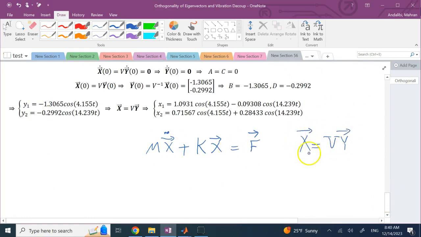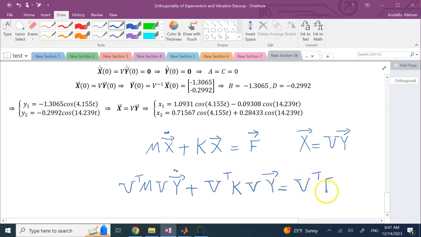And we pre-multiply both sides by V transpose also. So you get V transpose M V y double dot plus V transpose K V y equals V transpose F. And this is going to be diagonal, this is going to be diagonal, this is not.